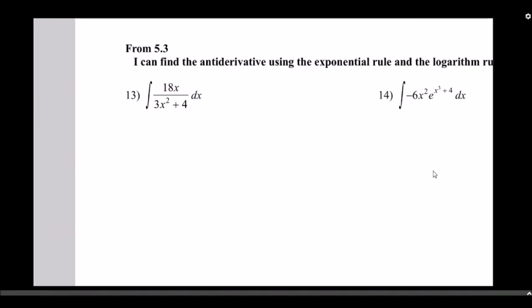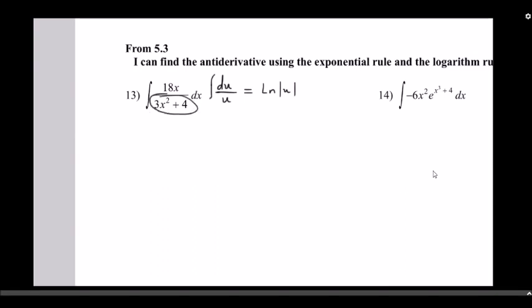What we're going to try to do is set up a situation where we have du over u. That's what we're going to try to set up. Because if you remember, the integral of du over u is equal to the natural log of the absolute value of u.